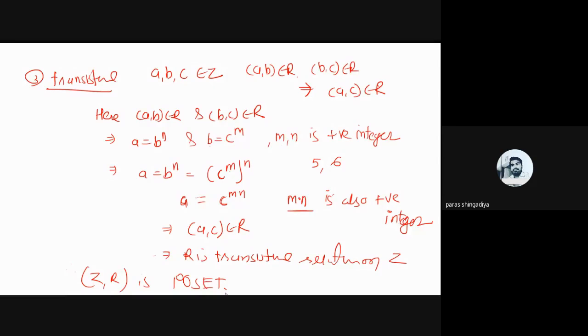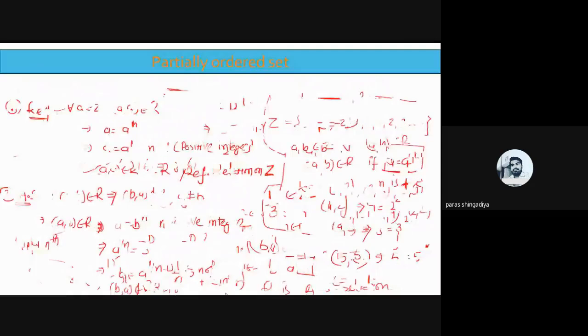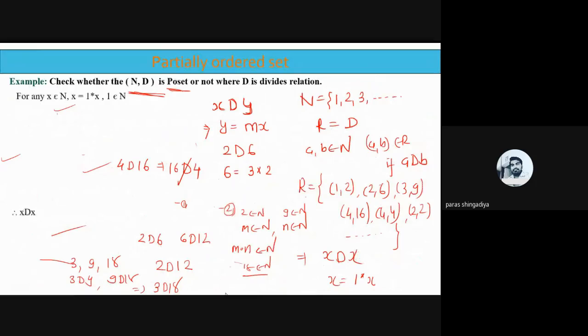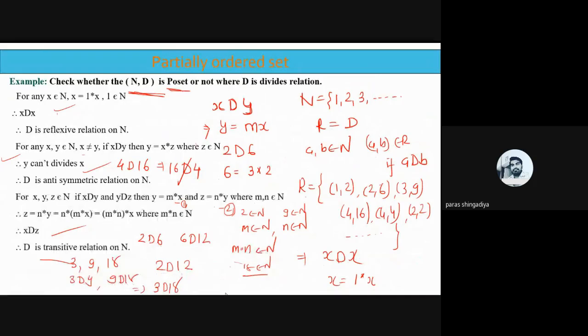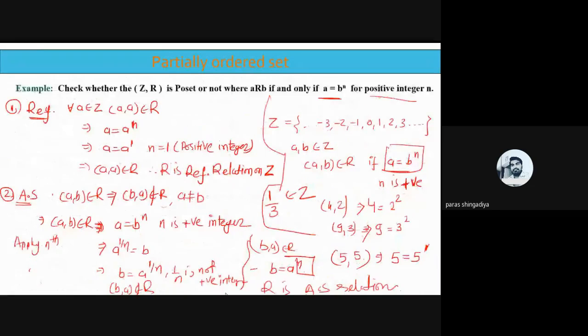The solution is not mentioned in this PPT, so take a screenshot for your reference of how we can solve this example. Just one minute. This is the solution of this question: reflexive, antisymmetric, and transitive.